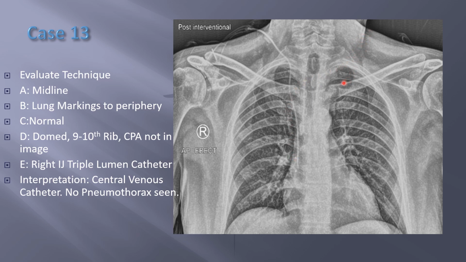Sometimes this can find different anomalous veins and go a different way. Sometimes this will come down and circle back into the brachial. So you want to make sure it's in the right place. And also, when I look at this and it's good here, no pneumothorax, I put an order in, okay to use right IJ CVC.